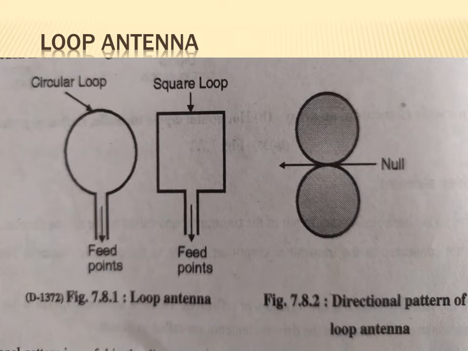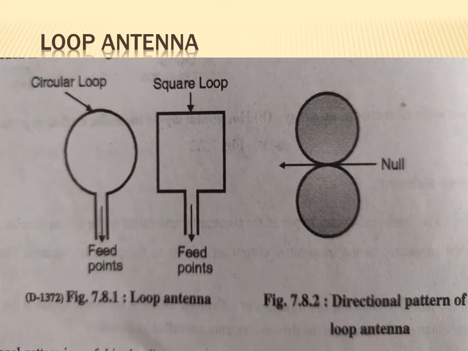The folded dipole antenna has a length of lambda by 2. It has two parts, or two elements, one which is fed directly and another which is fed inductively.